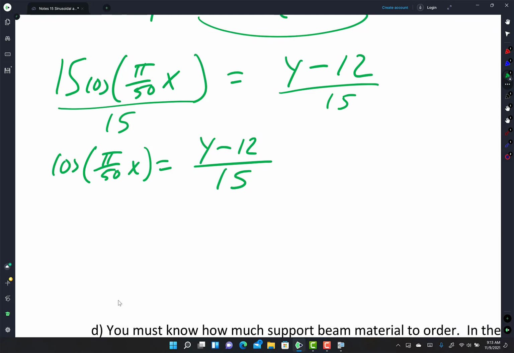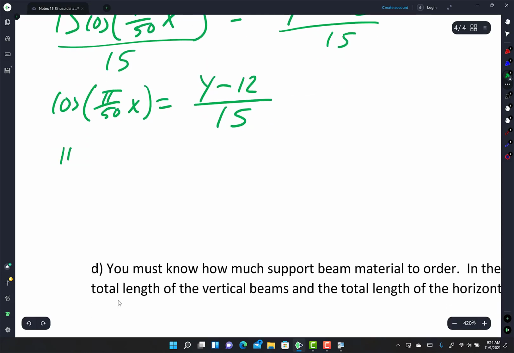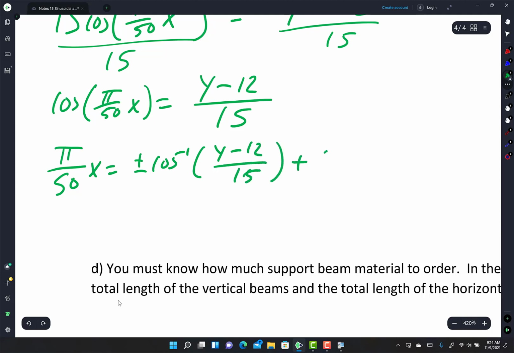What's my next move? Inverse cosine. Good job. Pi over 50x equals, I'm going to put plus minus for now, but we'll delete it in a little bit, y minus 12 over 15 plus 2 pi n. What's my last move?